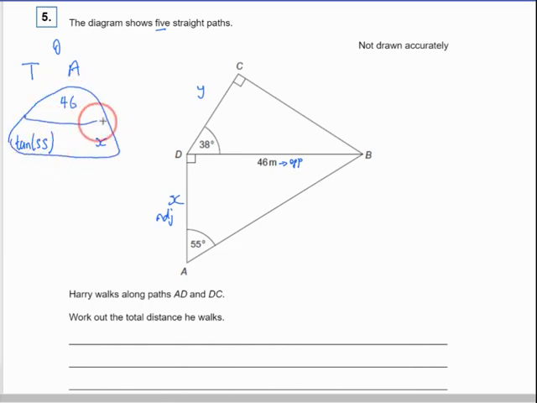Then X is equal to 46 over tan of 55. That's going to give us, let's go for 32.2095, to 4 decimal places.